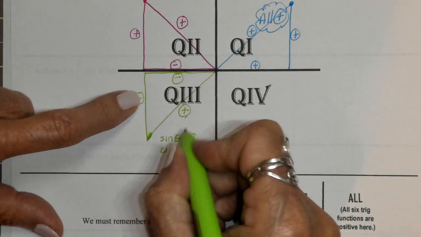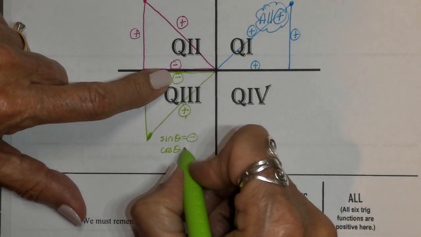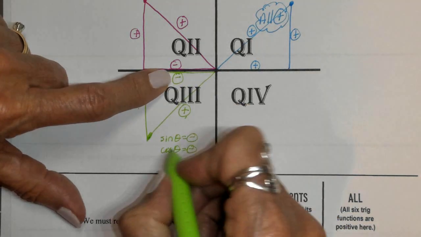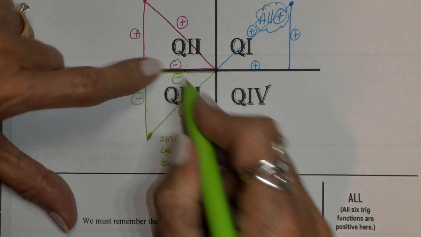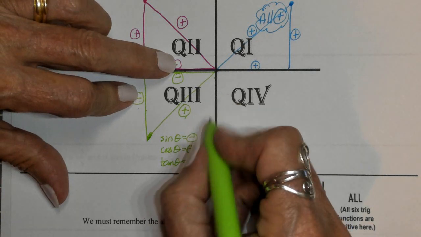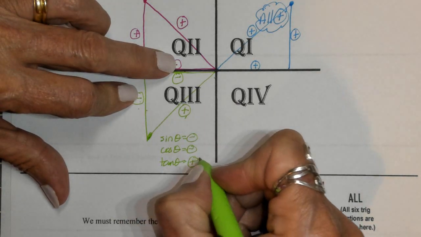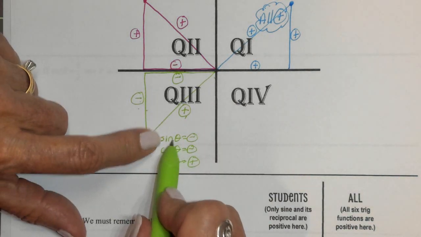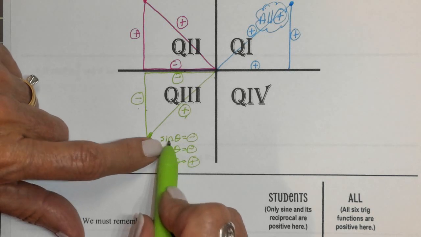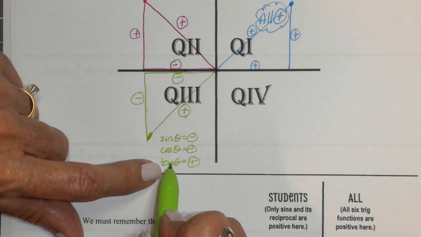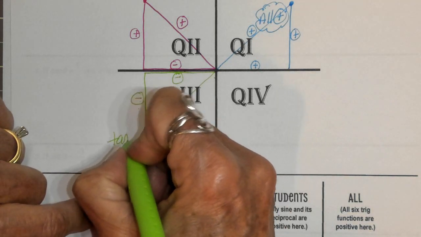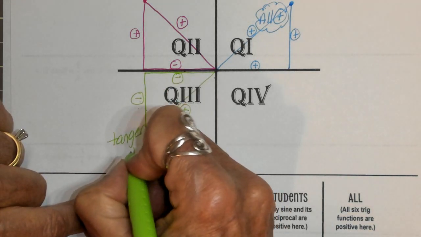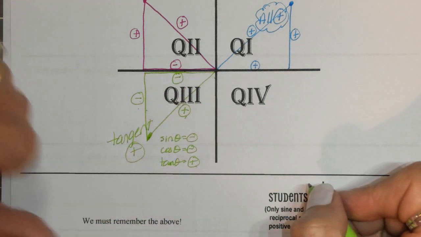Cosine of theta would be adjacent over hypotenuse, which would also be negative. What about tangent? Tangent would be opposite over adjacent. A negative over a negative is a positive. So sine and cosine and their reciprocals would be negative. Tangent and its reciprocal, cotangent, would be positive. So tangent is the only positive one there, and its reciprocal.